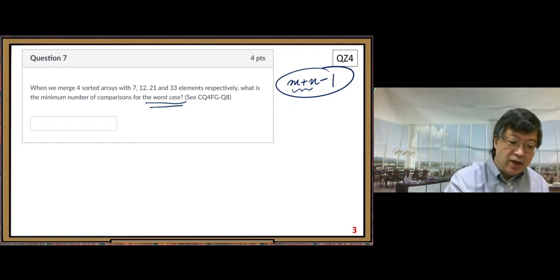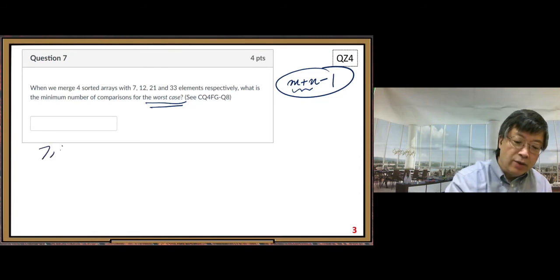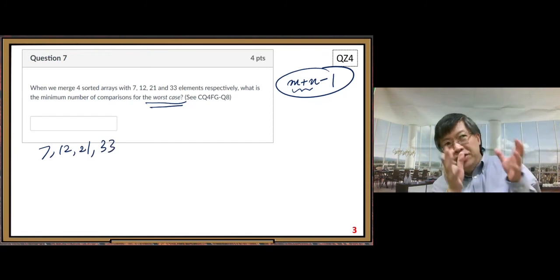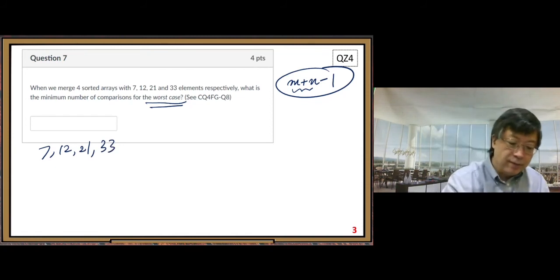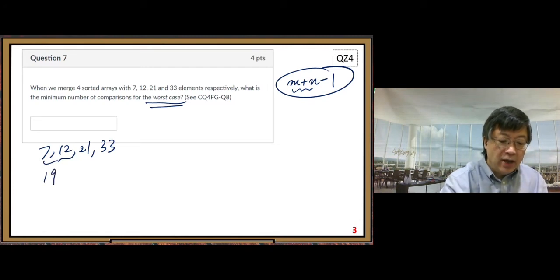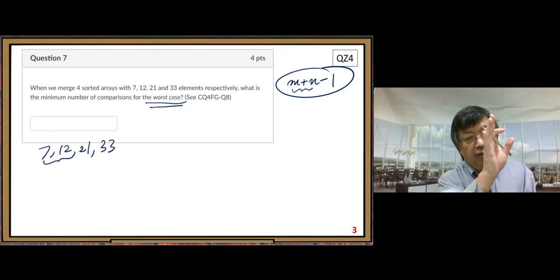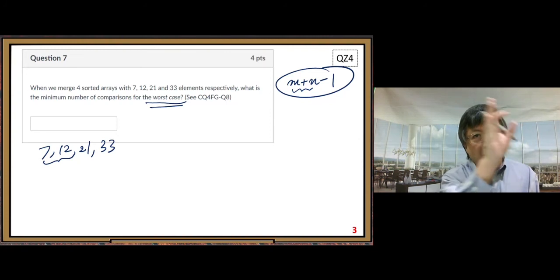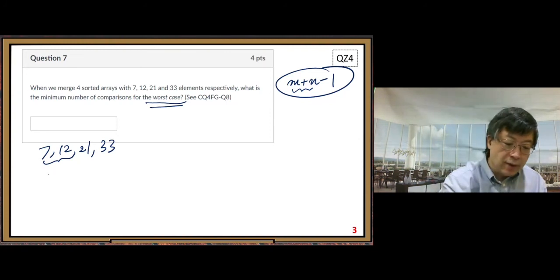So let's try 7, 12, 21, 33. Smallest possible sizes. The first merge: 7 plus 12, size 19, but number of comparisons 19 minus 1, so 18.